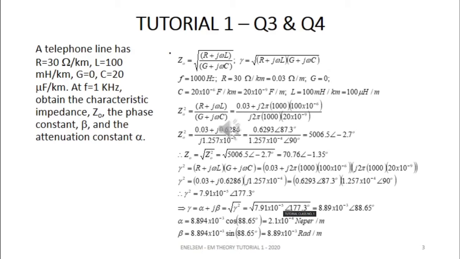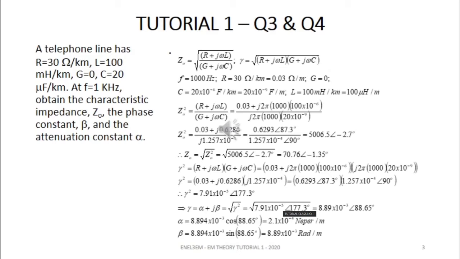And therefore our Z0, which is the square root of Z0 squared, is equal to 70.76, and the angle is minus 1.35 degrees. Remember, for a complex number, when you get its square root, you get the square root of the magnitude, and the angle is simply half of what it was before.